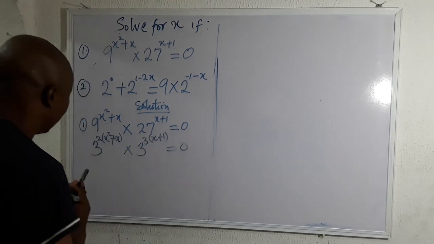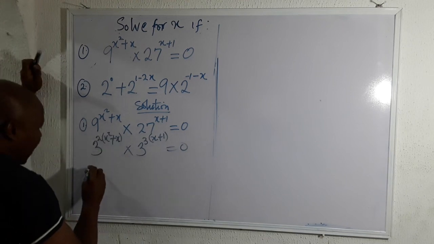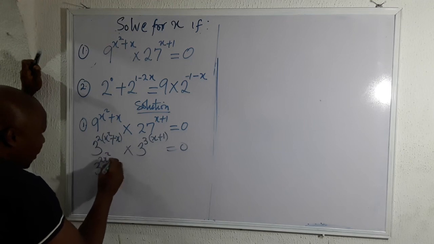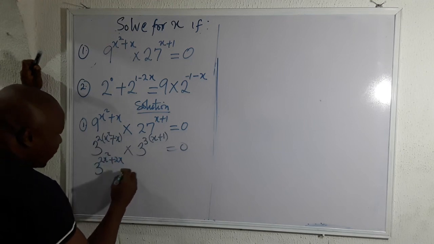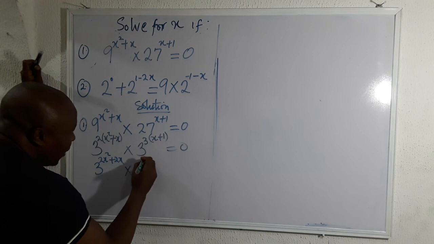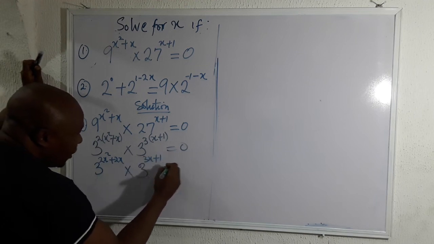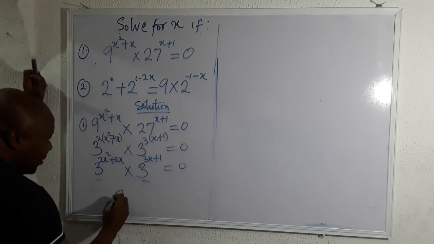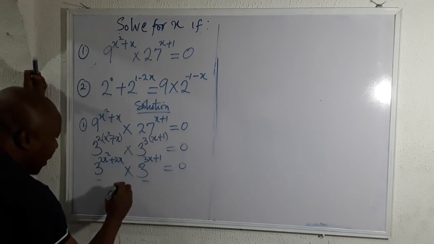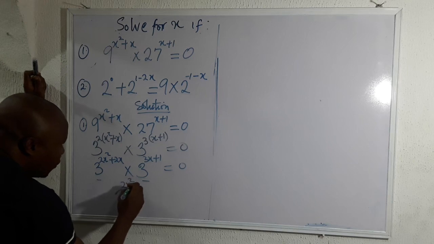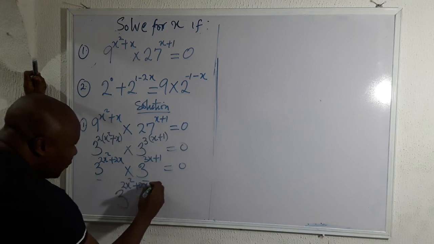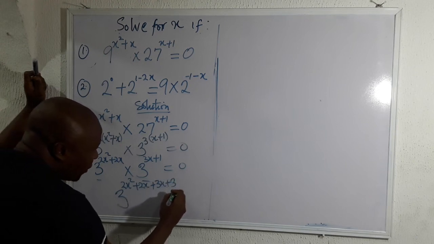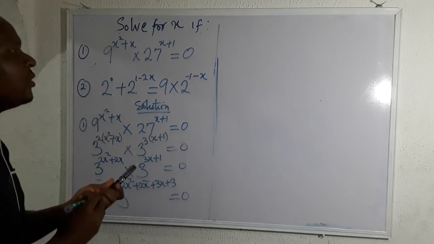So what we have next is we can expand that. So 3 raised to power 2 times x squared is 2x squared plus 2x times 3 raised to power 3x plus 1. That will be equal to 0. Now you can apply the law of indices here. The bases are the same, so you add the powers. That will be 2x squared plus 2x plus 3x plus 3, and that will be equal to 0.